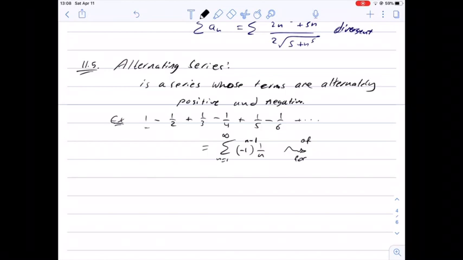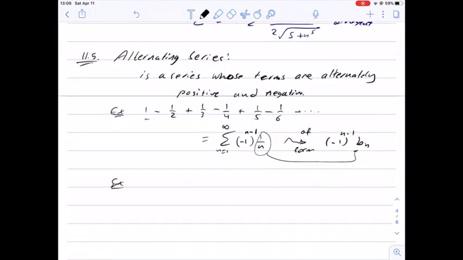So this is of the general form -1 to the power n minus 1 times bn. Bn in this case is 1 over n. Another example: -1/2 plus 2/3 minus 3/4 plus 4/5 minus 5/6 plus 6/7, and on it goes.